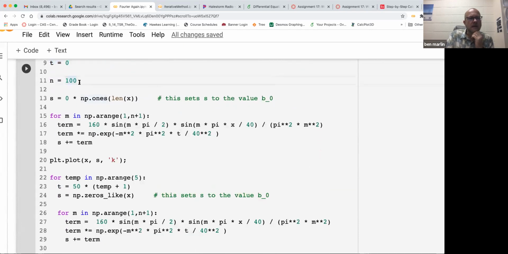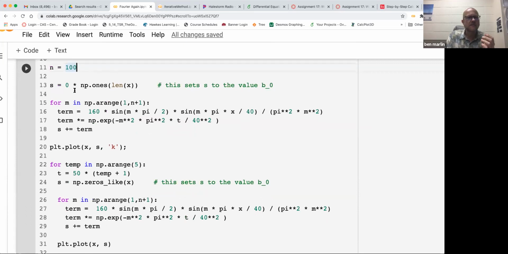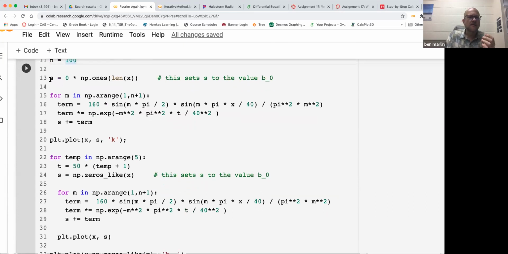And then for my n, I went ahead and said 100 because it took me quite a few terms to make that sharp edge look pretty sharp. You don't have to do that many terms; 10 is probably good enough for a starter. Then I have the initial condition there. This is not the initial condition, but I have the starting value there for the s being zeros.